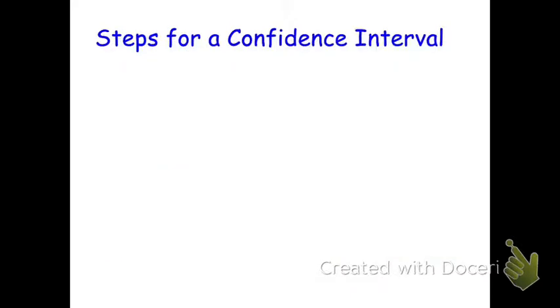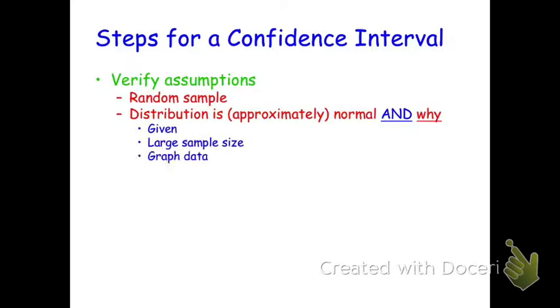So I'm going to end with this, and when we start class next time, I'm going to go through a full write-up with you. But I want to give you these steps so that you can do your homework. Same steps for confidence interval. Assumptions first: random sample. The distribution is approximately normal, and why.